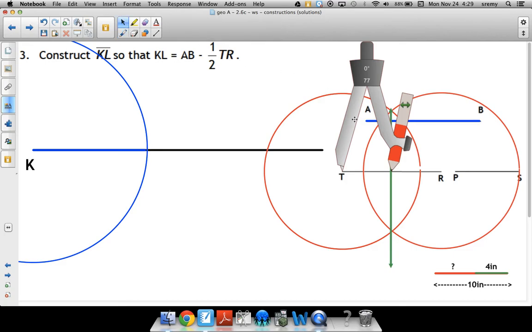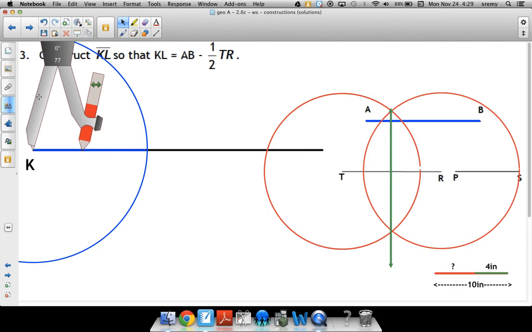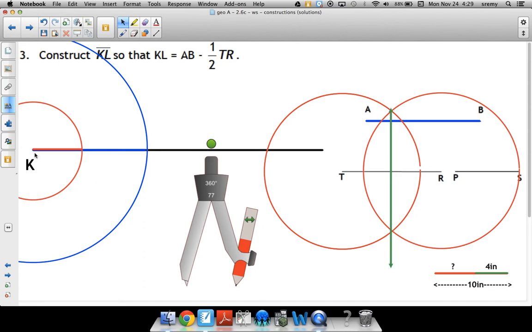So what we want to do is similar to what you had down here. So I'm going to take that length. I'll put it here. Okay, so now this red segment, which is half the length of TR, if I subtract that, if I take the large blue, it's down here, and I subtract the red, then I'll be left with this green.